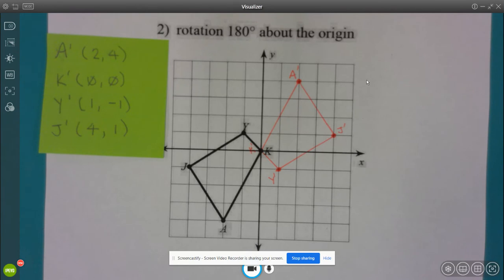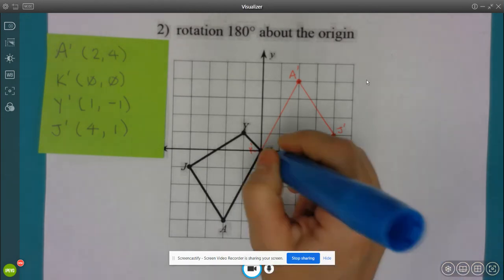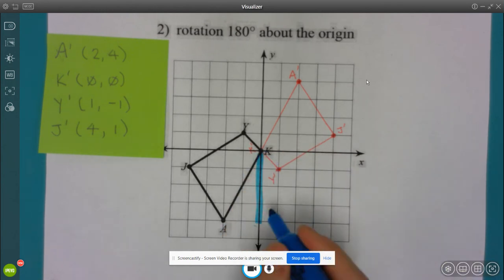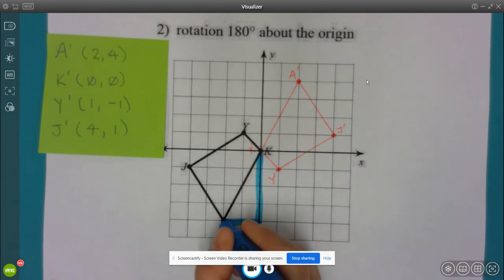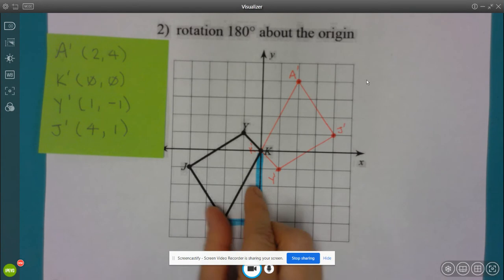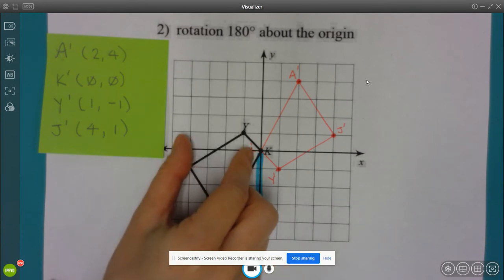Now if we think about doing this triangle, like we did in our last example, I'm going to just use A as an example. So I went down 4 and over 2. Now if I'm rotating it 90 degrees, I would put my triangle here.